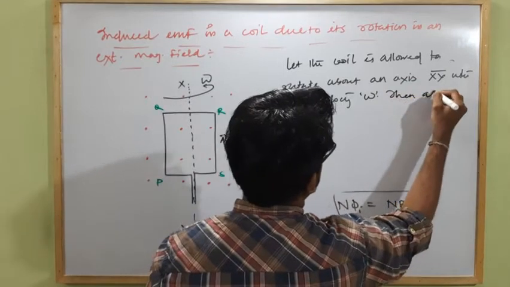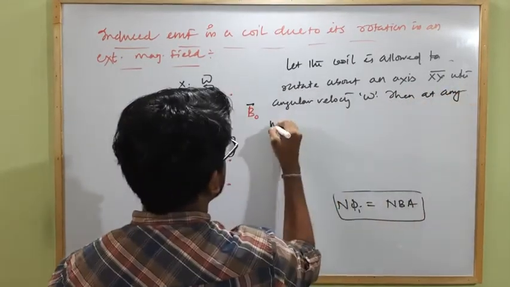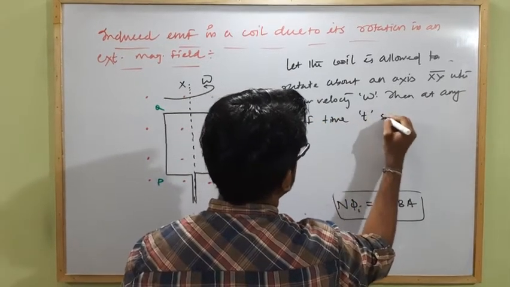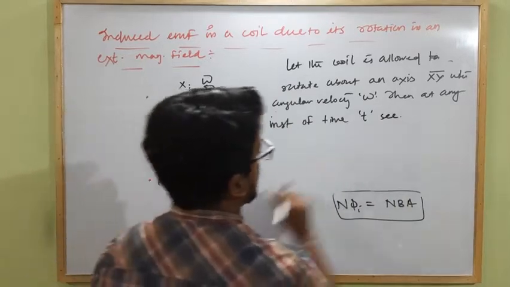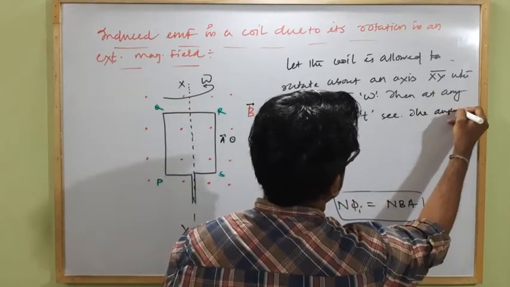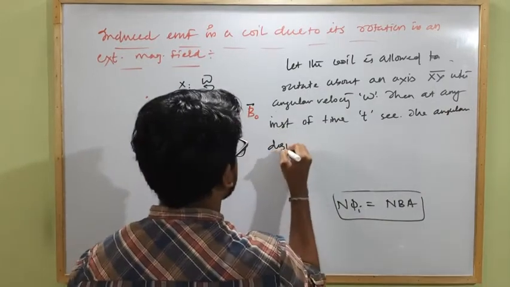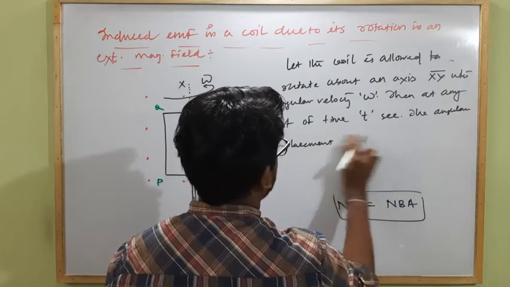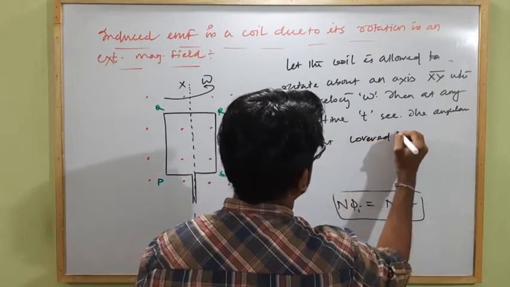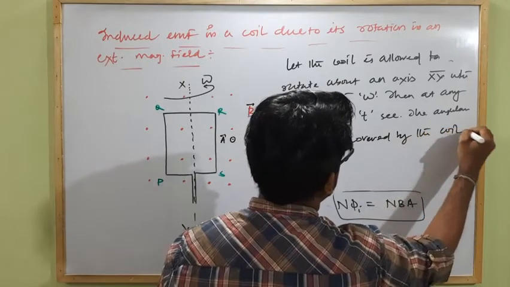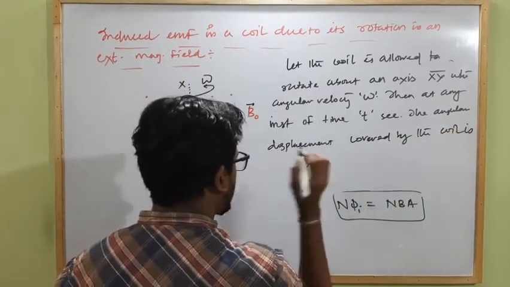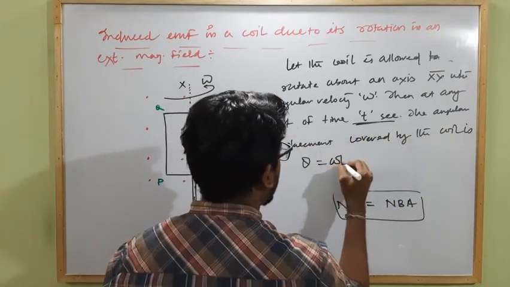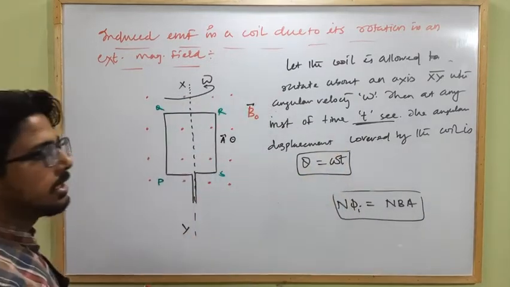Then at any instant of time t second, the angular displacement covered by the coil is how much? The angular displacement theta will be the angular velocity into time interval, that is for t second. So theta will be omega t. So this will be the angle covered by the coil.